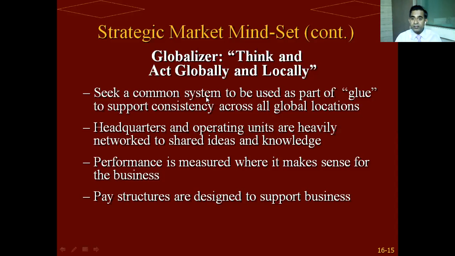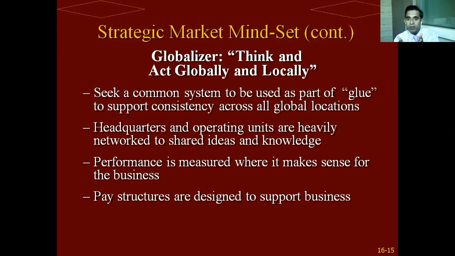So seek a common system to be used as part of the glue to support consistency across all global locations. Headquarters and operating units are heavily networked to share ideas and knowledge. Performance is measured where it makes sense for the business. Pay structures are designed to support the business.